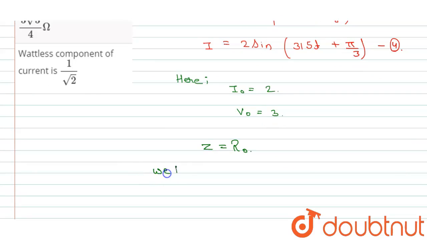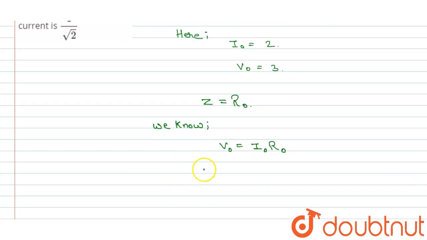We know that V is equal to IR, or V naught is equal to I naught into R naught. So R naught is equal to V naught by I naught. The value of V naught is 3 and the value of I naught is 2. When we put in these values, we get R naught as 1.5 ohm.